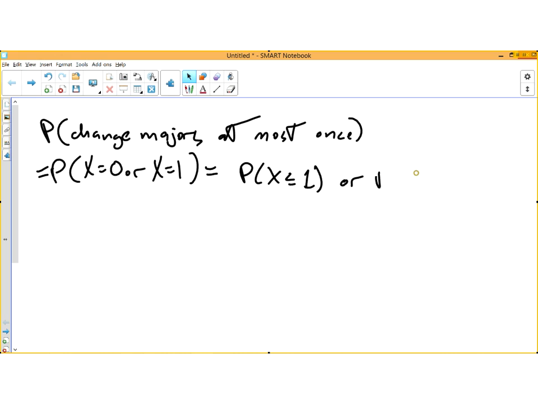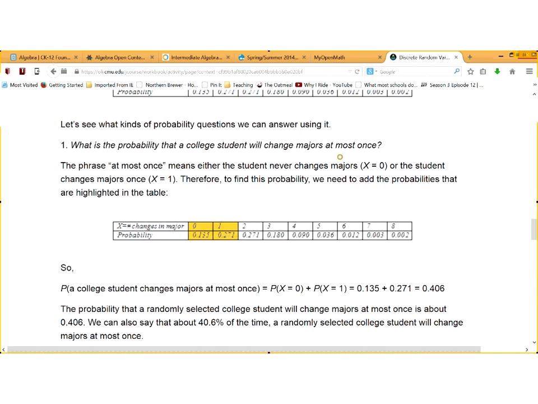Or we could say, if we prefer, the probability that x is less than 2. But based on the way the statement is written, at most once, we would probably use this one where it says less than or equal to. And we would go to our table and look at the values of x that are less than or equal to 1, which are the ones that are in yellow, and then we would just add those probabilities.